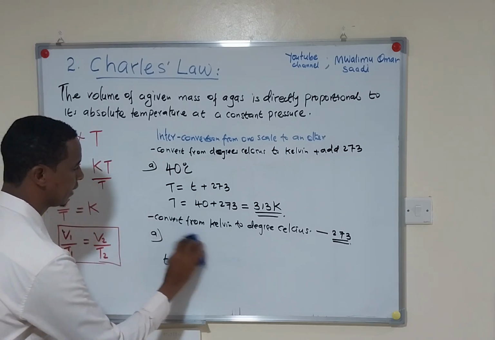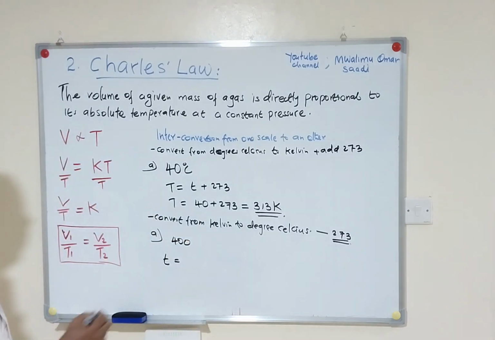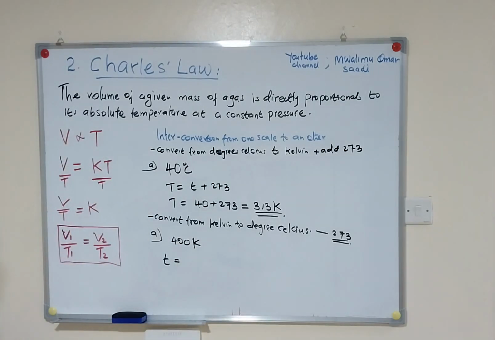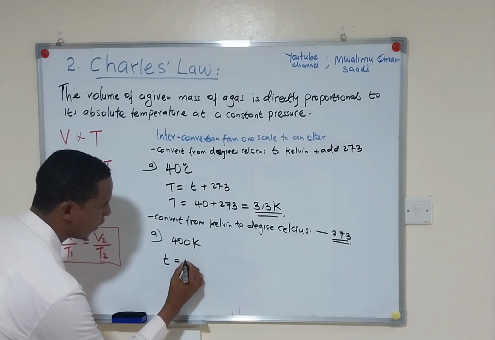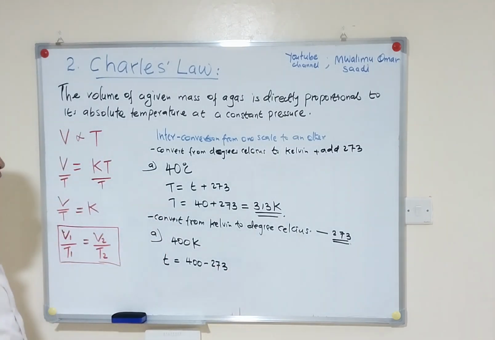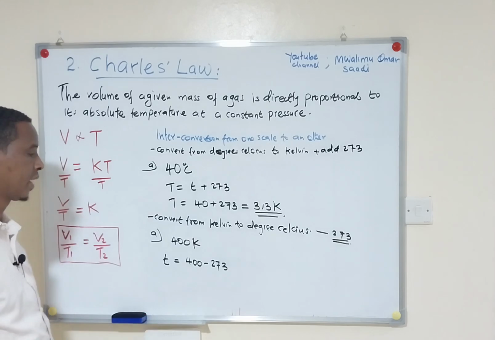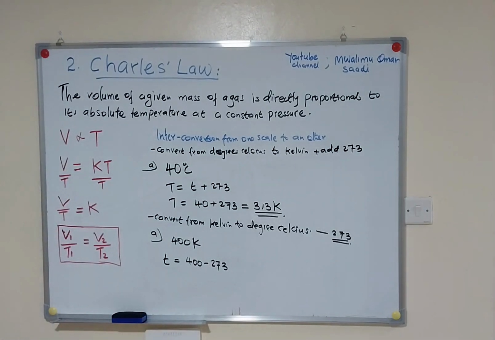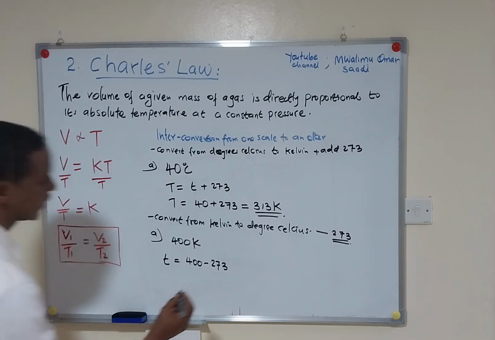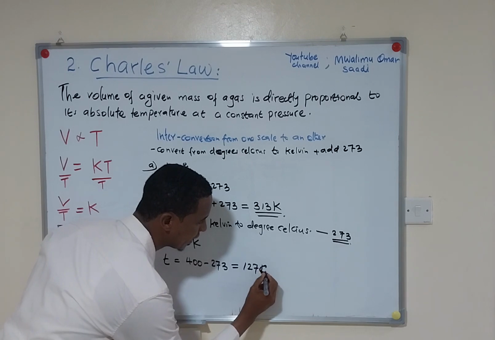Let's say here we have 400 K. So our small t will be equal to 400 minus 273. So that will be 127 degrees Celsius.